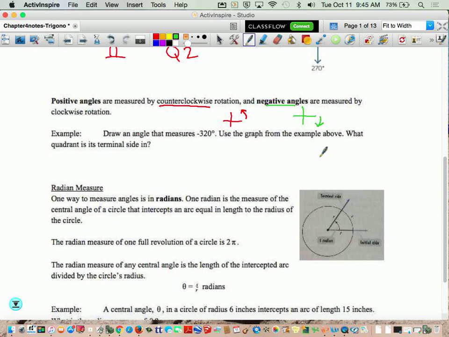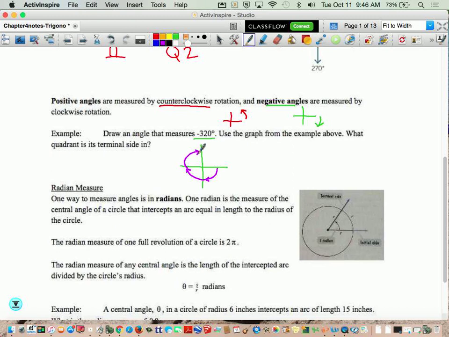So if I was to draw something that was negative 320 degrees, I would draw in my xy axes, and then basically you can count, if you want, by 90s. You can go 90 degrees in the negative direction, another 90, and another 90.